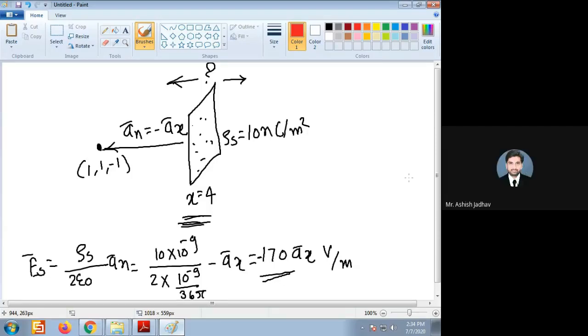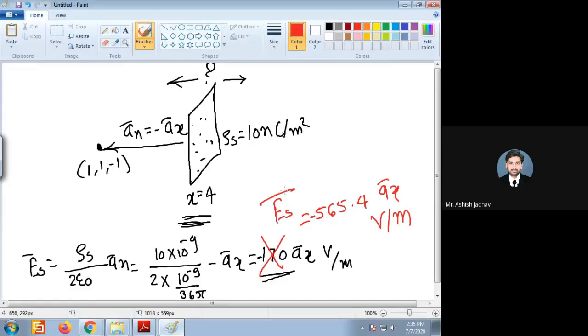Minus, yes. Minus. So 565.48 into A bar X with a minus sign, volts per meter, is the answer for ES bar.